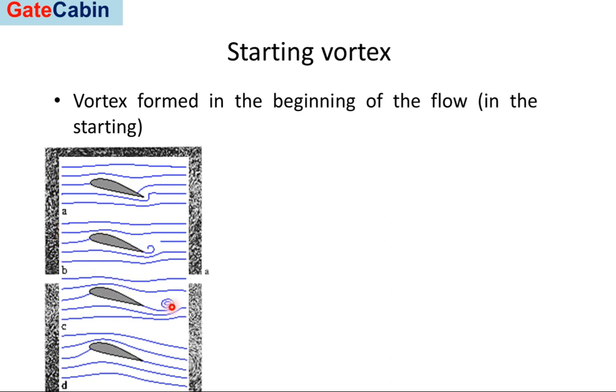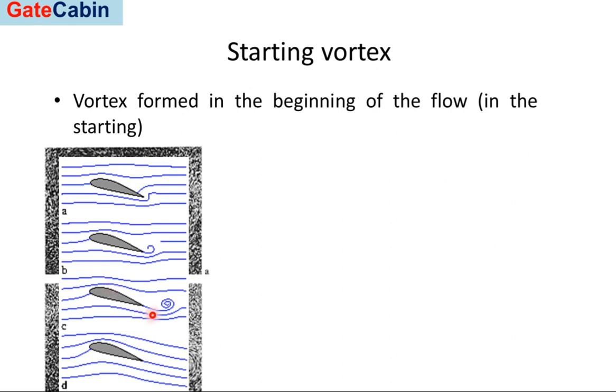This vortex sets the entire picture for theoretical aerodynamicists to study the concept of lift generation over the surface of the aerofoil. The upcoming free stream flow, which is moving over the surface of the aerofoil, causes this vortex to get detached.